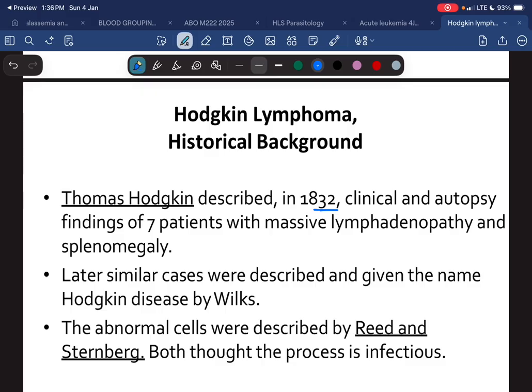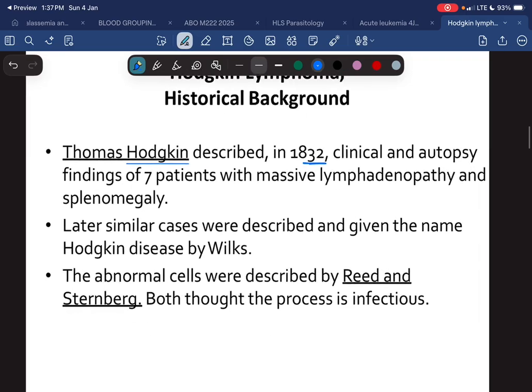Two scientists, Reed and Sternberg, identified under the microscope abnormal cells seen in this disease, and they thought it was an infectious process in nature. The abnormal cells seen in Hodgkin lymphoma were named RS cells, after Reed and Sternberg, the scientists.